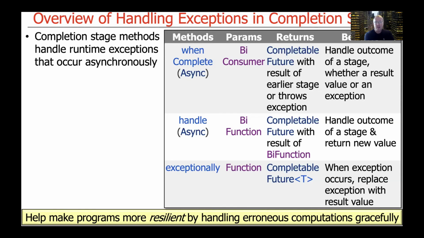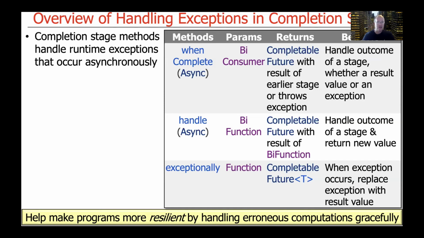It takes a function, and when the exception occurs, you can replace the exception with some result value. This is really used to keep the computation going. Even if something went wrong, you can still get back a result and have other processing occur on that result. The whole point of these methods, naturally, is to make your program more resilient by handling erroneous computations in a more graceful manner.